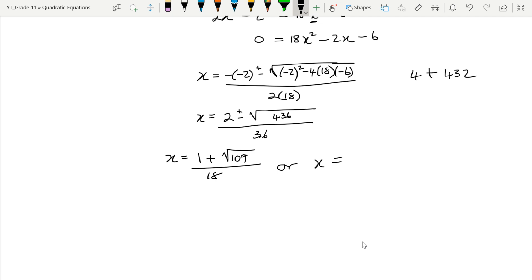Or x is equal to, I'm just going to write the decimal, because if they said write it as a decimal and we round it off to 2 decimal places, you will have that. And then for this one over here, oh no, I need to go change that to a minus.